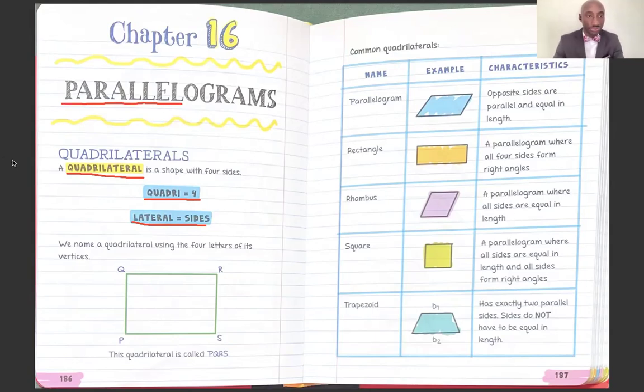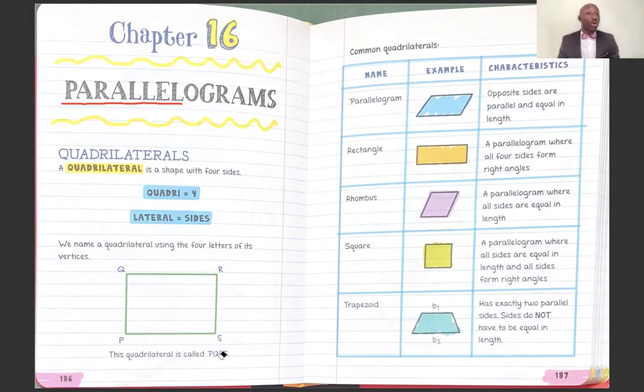We name a quadrilateral using the four letters of its vertices. So you see Q, R, S, P. Typically, shapes are named in alphabetical order, so this quadrilateral will be called PQRS.